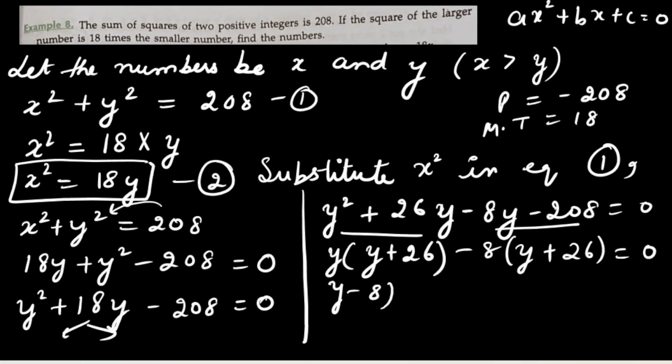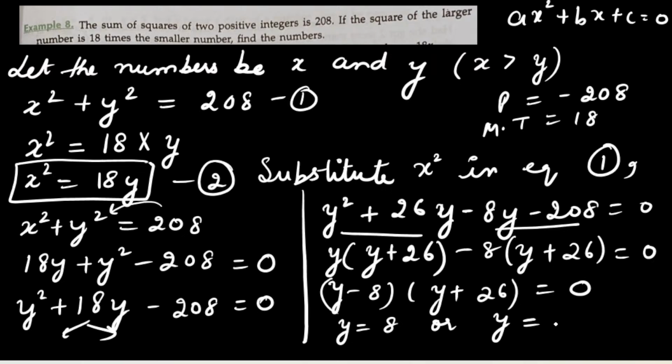So y is equal to 8 or y is equal to minus 26. Clearly it is mentioned two positive integers, so the negative value we will not accept here. So y is equal to 8 is the required answer.